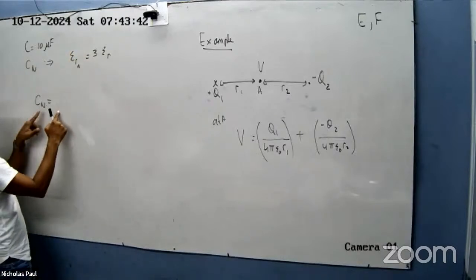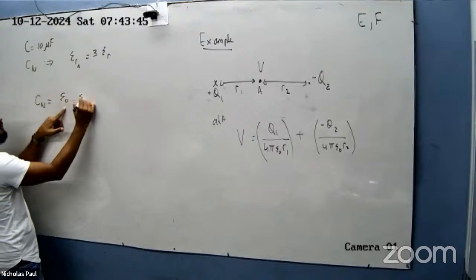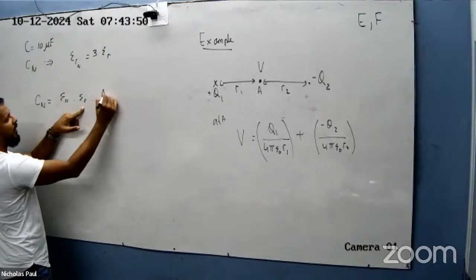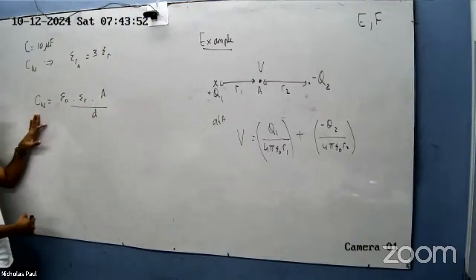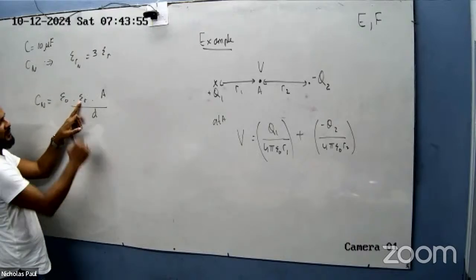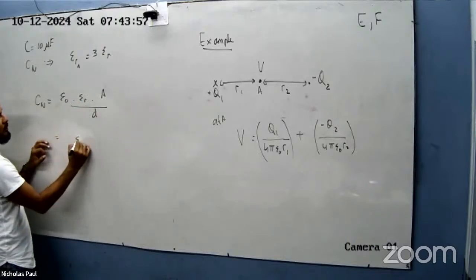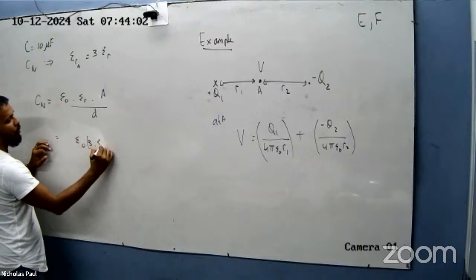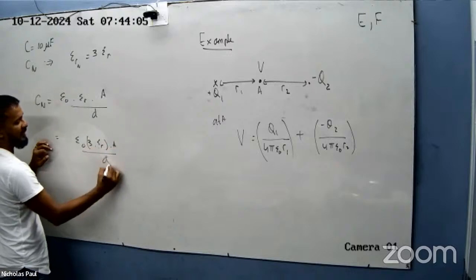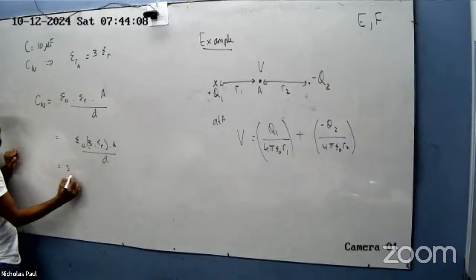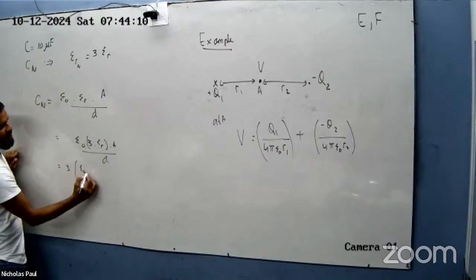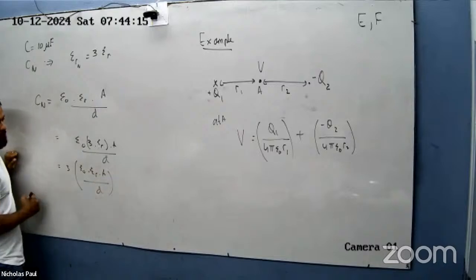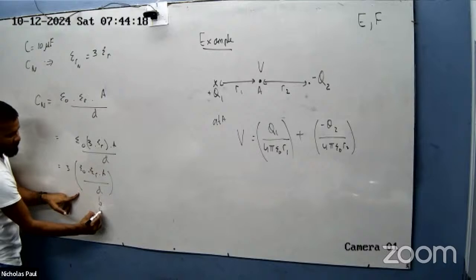So the new value will be epsilon naught by epsilon r multiplied by the area all over D. We know that this epsilon value is 3 times the old epsilon value all over D. So I can factor the 3 on the outside, and I'll end up with 3 epsilon r A all over D. And this here is from the old one.